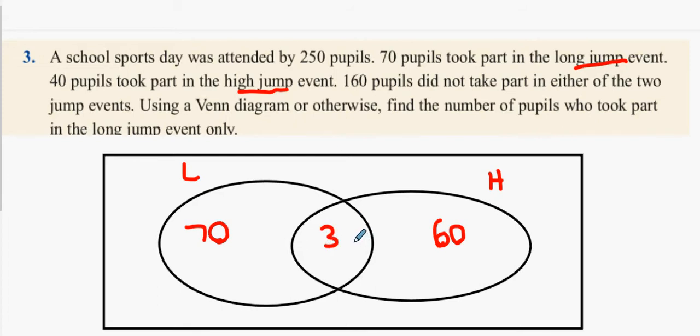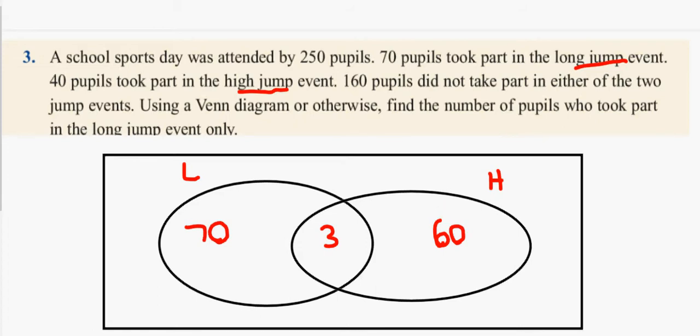How many people did the long jump? 73. Because 70 did the long jump only, 3 of them did the long jump and the high jump. This makes it 73. How many people did the high jump only? 63. Oh, sorry. High jump only, 60. High jump, 63. That makes sense?